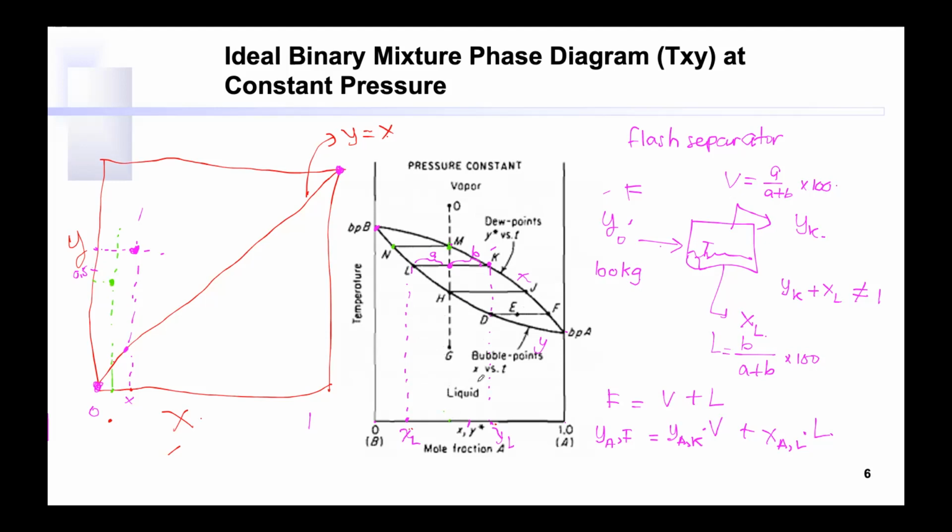So here X is more than a half. If this is the half, maybe this one is the X. And Y is almost 1, so maybe around here.